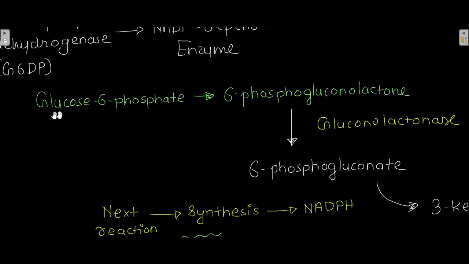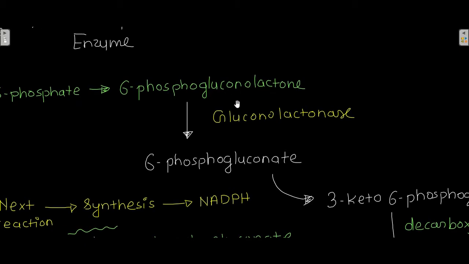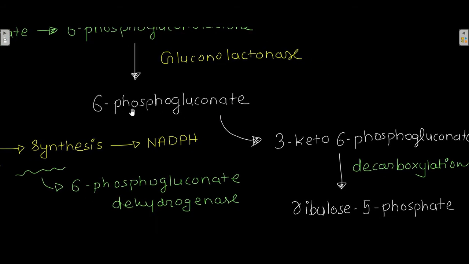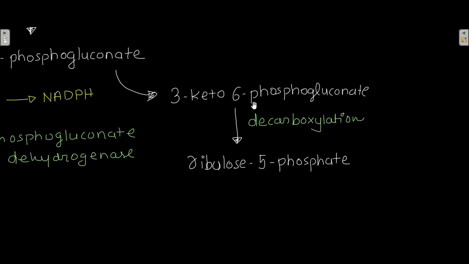So we start with glucose 6-phosphate, then 6-phosphogluconolactone, then 6-phosphogluconate, then 3-keto-6-phosphogluconate, and in the end ribulose 5-phosphate.